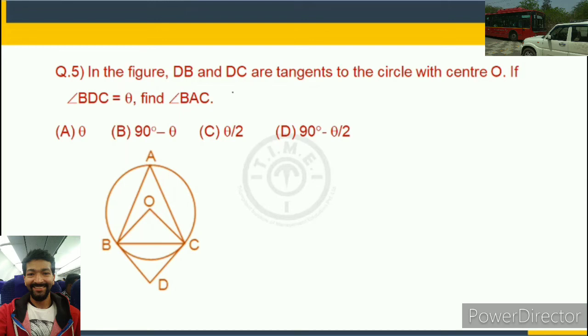Okay, done. Have you read the question properly? So here we have DB and DC being tangents. Okay, fine enough. And angle BDC is mentioned to be theta. You need to find BAC, and as you can see from the options, you need to find the value of BAC in terms of theta.